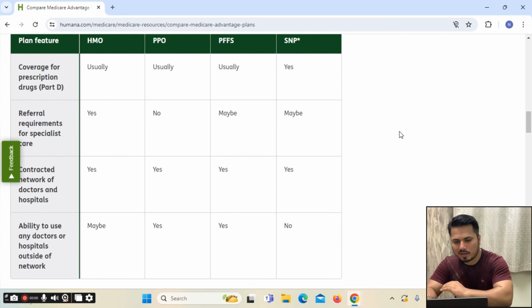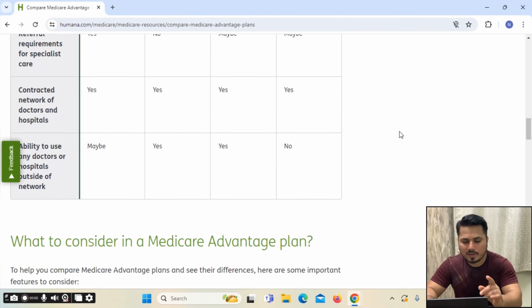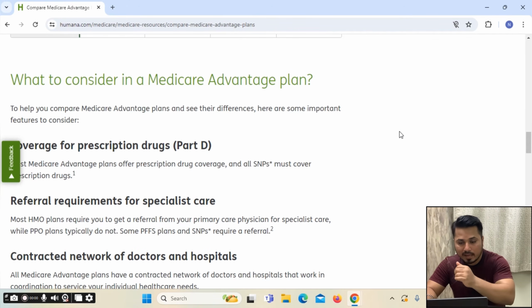You have this chart, guys. You can just go through the chart, go on the official website. This is the official website. If you come here, you can see this chart, and you can do your studies. All right, let me go ahead and explain what to consider to make a Medicare Advantage plan choice.